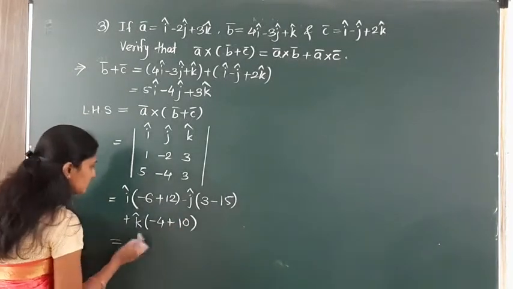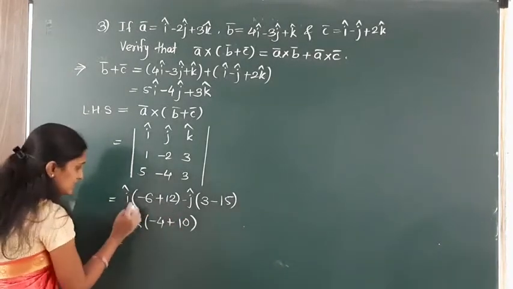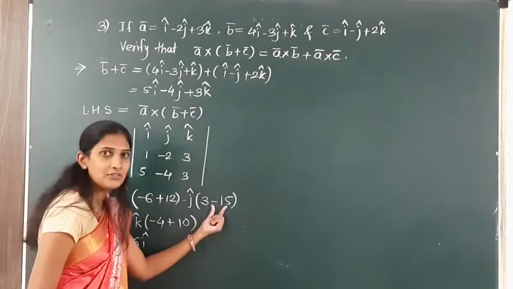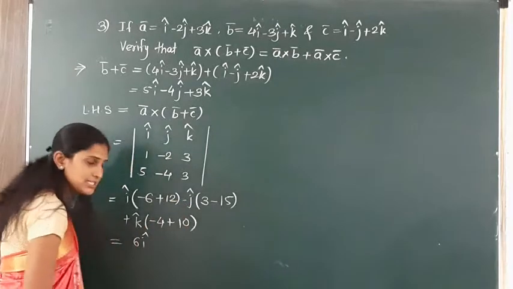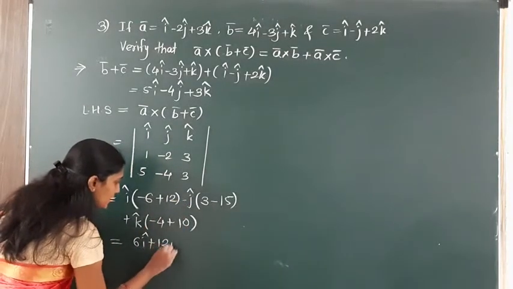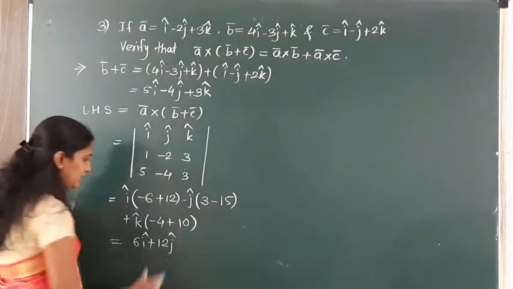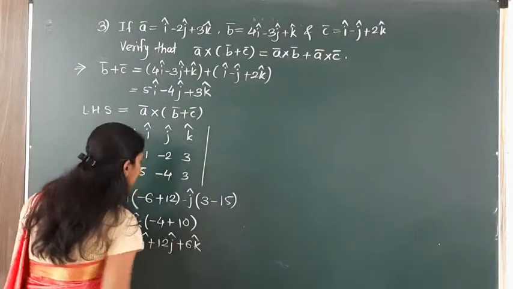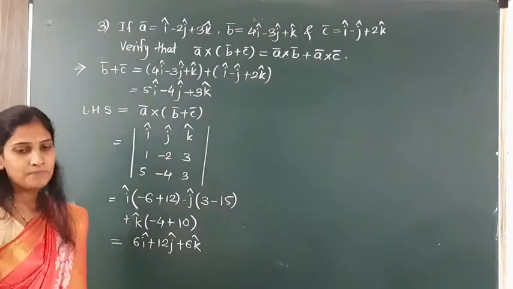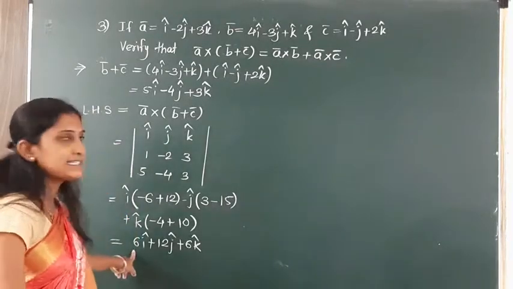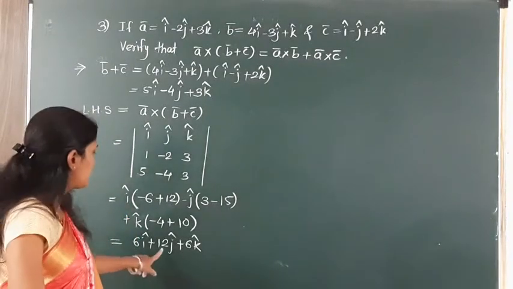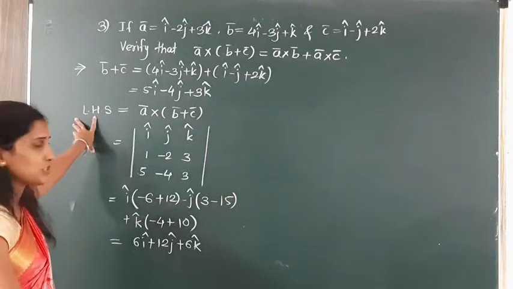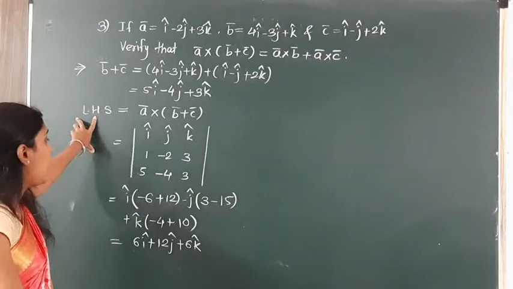It will become 6i cap, minus minus 12 gets plus, so plus 12j cap, and 6 plus 6k cap. So our value is 6i cap plus 12j cap plus 6k cap. This is our LHS.